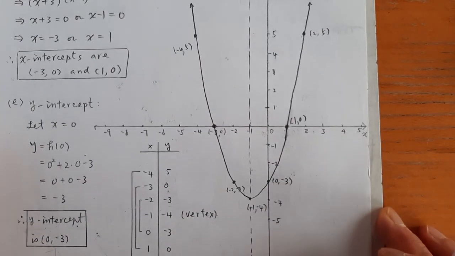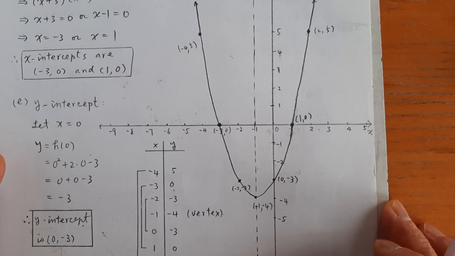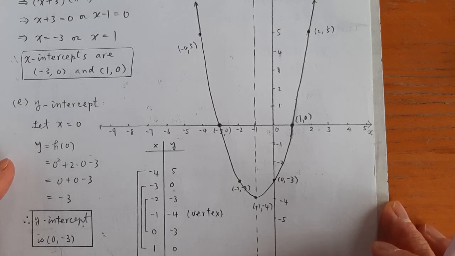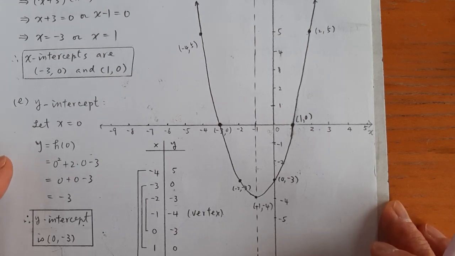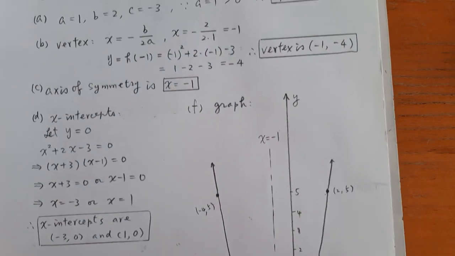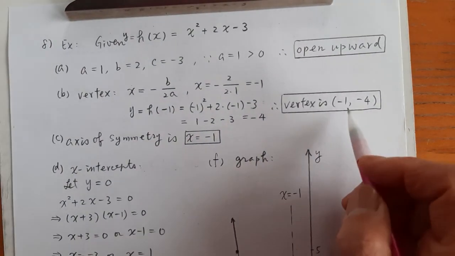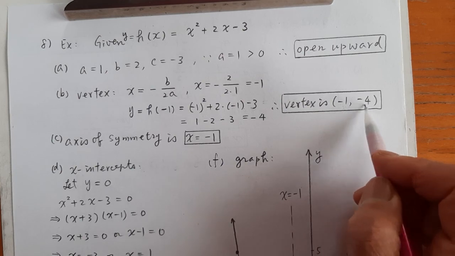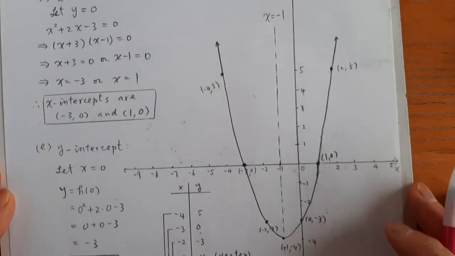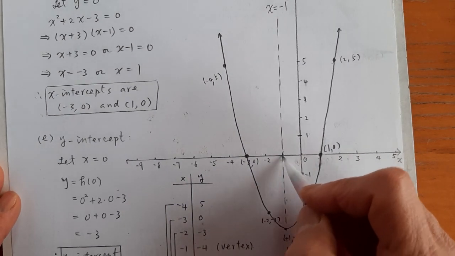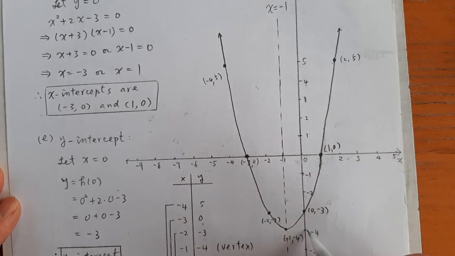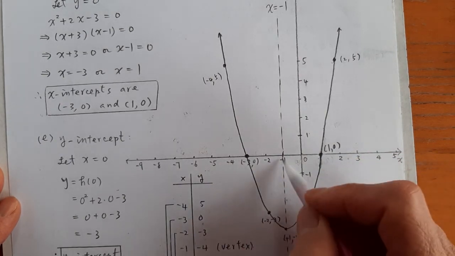Then we plot the points. First of all, we already see the graph opens upward, that's A. From B, the vertex is negative 1, negative 4. So the x coordinate is negative 1 and the y coordinate is negative 4.